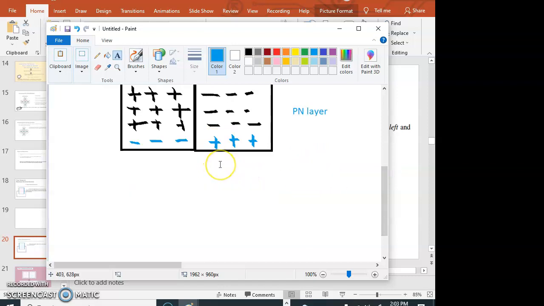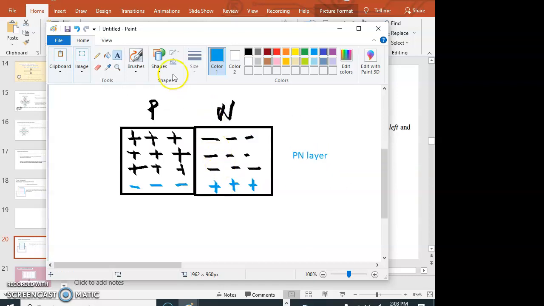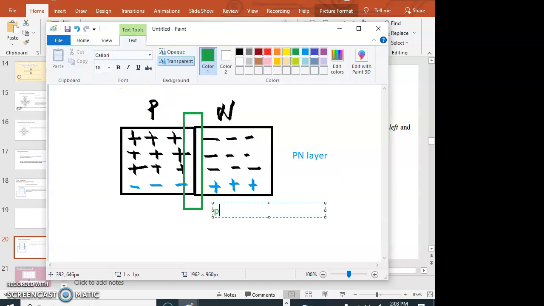So let's look at some parts of this p and n. The center part is what is known as the junction. So this is what is known as the PN junction.